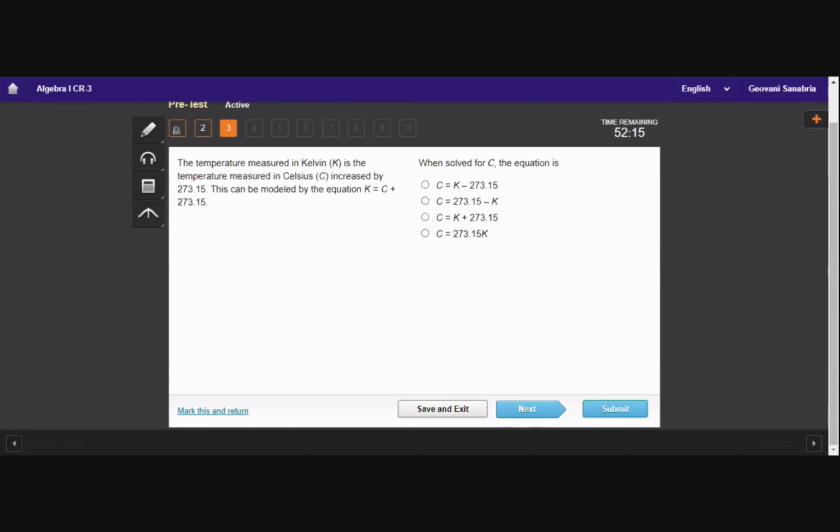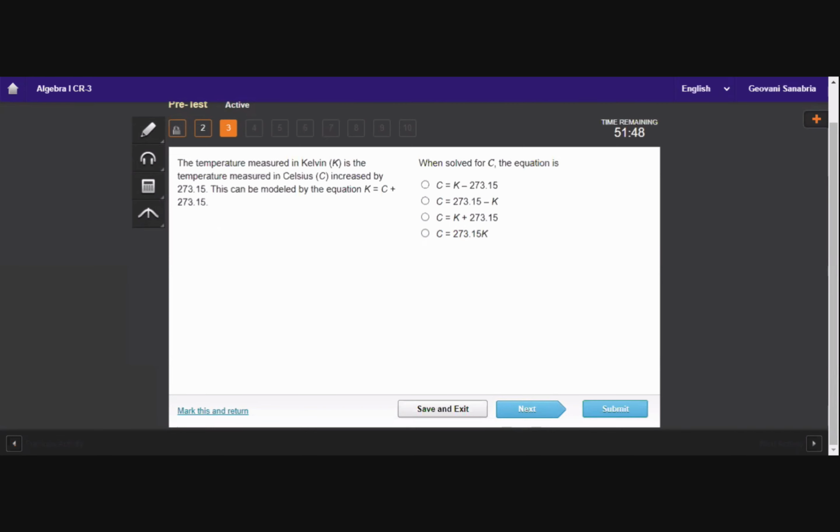So I would write the K, or C equals K. Well, you start out with what it says. It's just K equals C plus that, and then you try to get the C by itself by doing the opposites for whatever is farthest away from the C, and then if you need more, you do whatever's closest to the C.